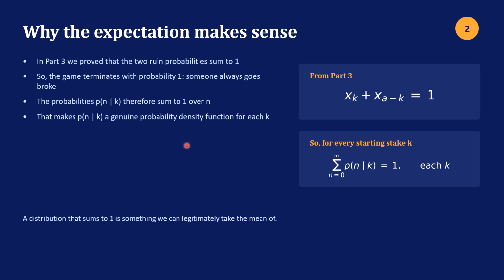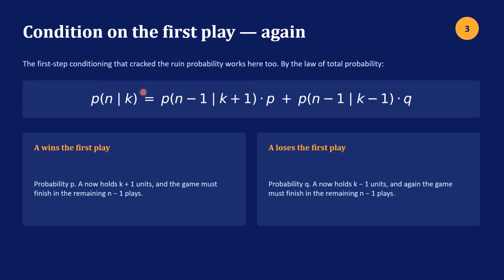Now let's continue with the derivation of the expected value. This is a similar approach to the one we used in the previous lesson when we computed the probability of ruin. The conditional probability of A starting with k and the game ending in n steps can be written this way using the law of total probability.